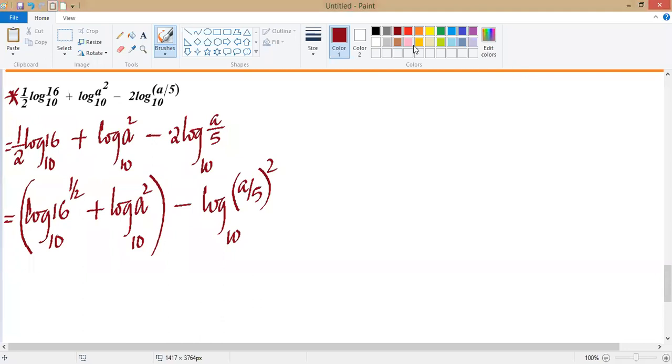Now 16 to the power half. Can we use the chart? What will it become? 4.